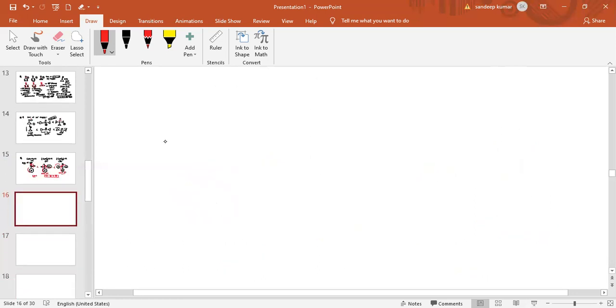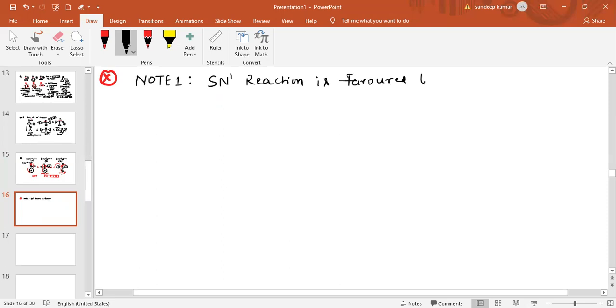Now write some notes related to SN1 reaction. Note number one: SN1 reaction is favored by polar protic solvent.